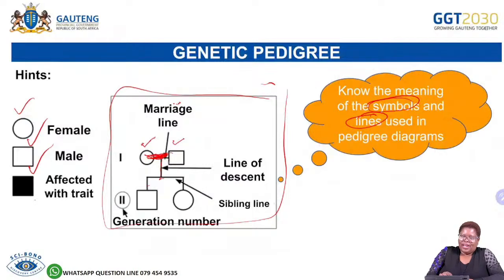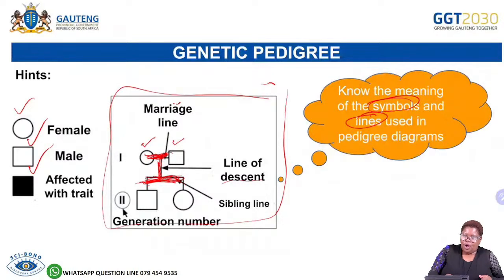The line of descent says these children were born from these parents in our first generation. So this line means descent, and this line between the children indicates that they are siblings.